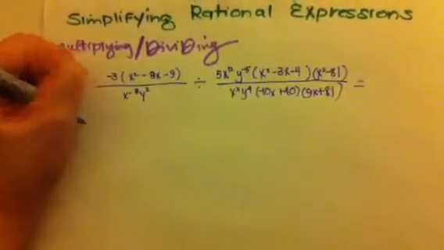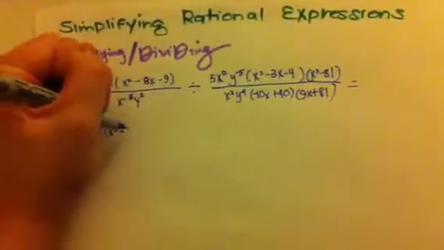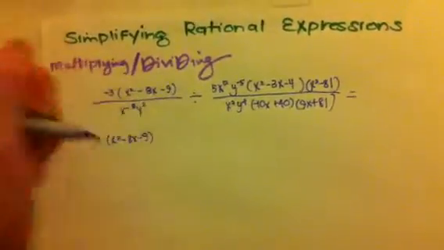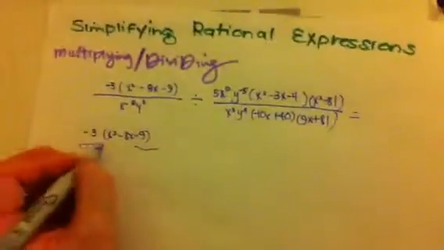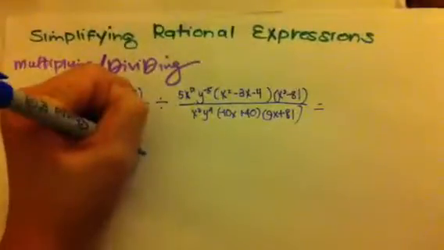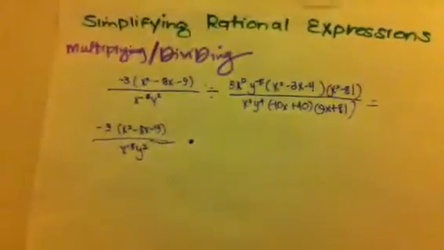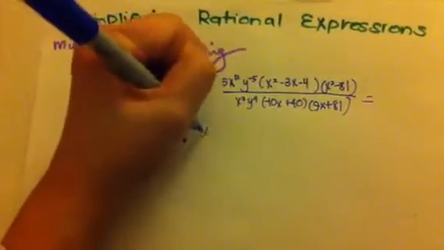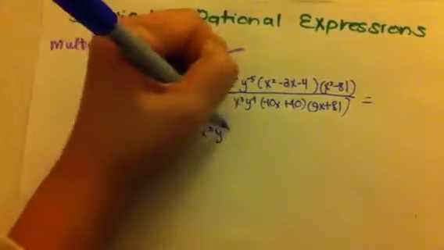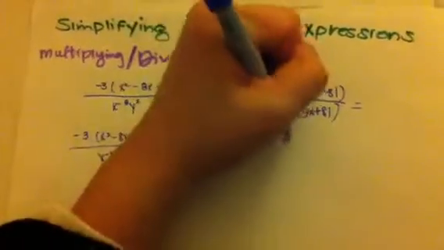So let's go ahead and rewrite. Negative 3 times x squared minus 8x minus 9, all over x to the negative 8th y to the 2nd. Again, we flipped it and reciprocated it to turn it into multiplication: x to the 7th times y to the 4th times negative 10x plus 40, over 9x plus 81.